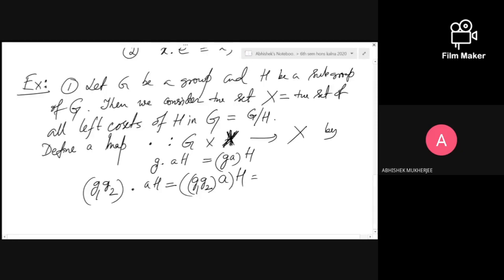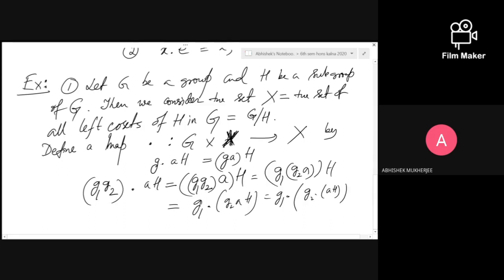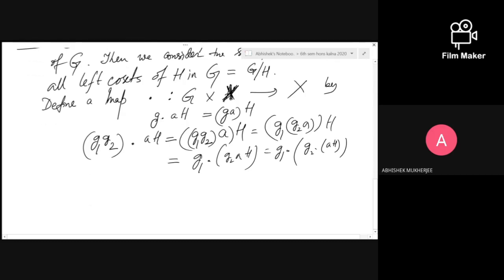Now since g1, g2, a are all elements of the group G, they satisfy associativity. So it is g1 (g2 a) H, that is g1 dot g2 aH, and g2 aH is g2 dot aH. So this shows that condition 1 is satisfied.